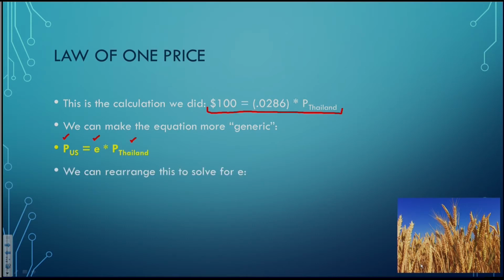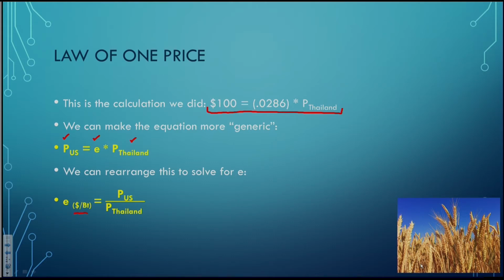Now, we can arrange this to solve for E. So if I have the US price and the Thai price, we can solve for the exchange rate that would make them equivalent, right? So I've solved for E. Notice, remember, dollars per baht, and notice what that's equal to.